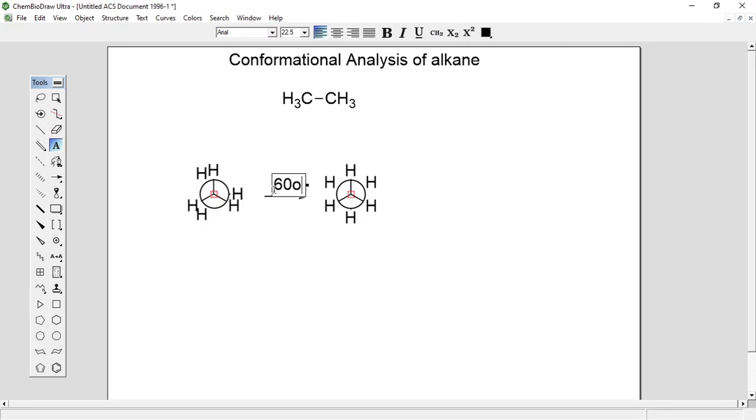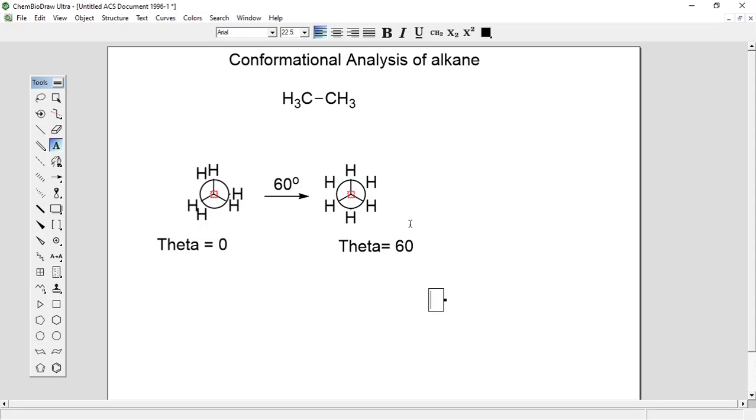So at dihedral angle 0, and at 60 degrees you will get the staggered conformation.